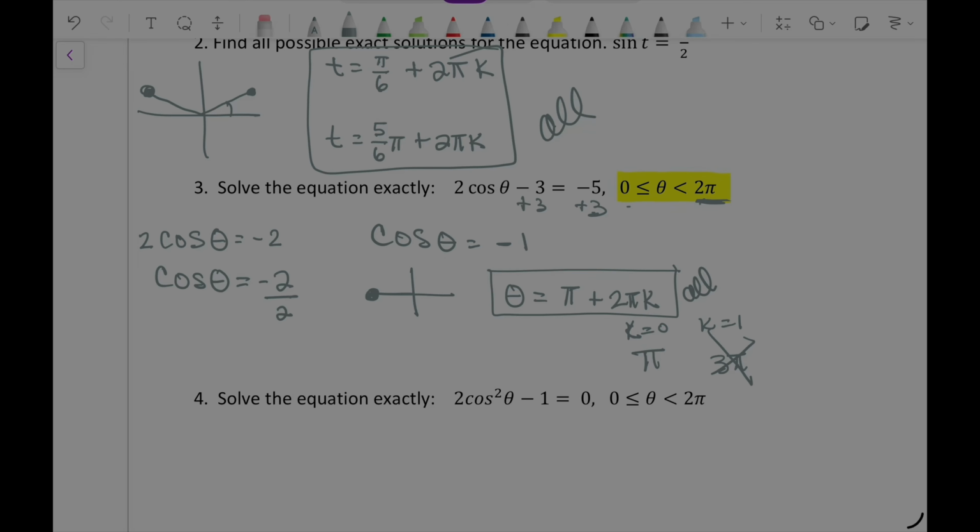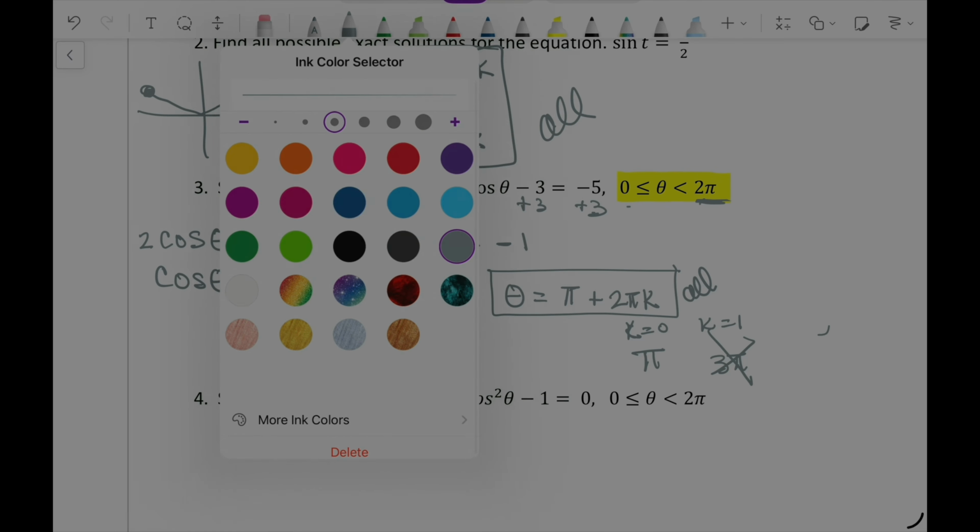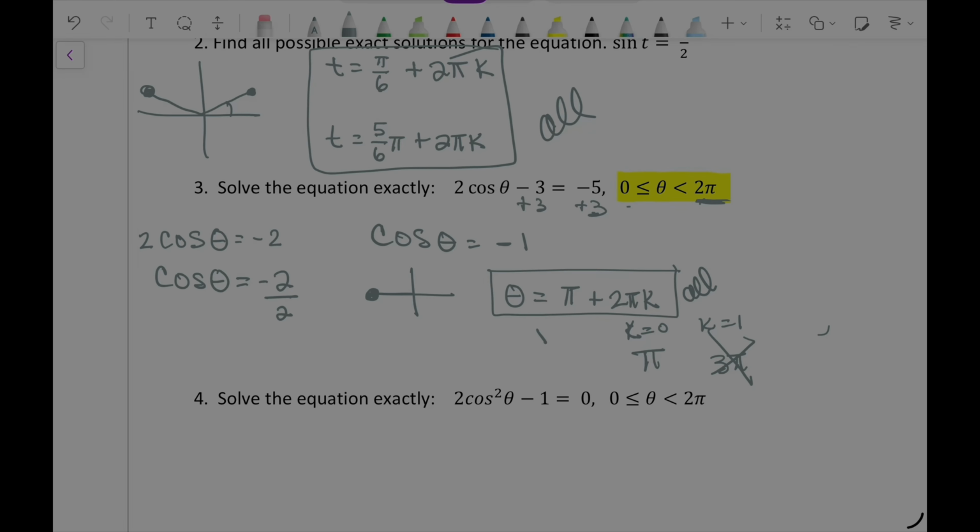We should probably also look in the negative region. When k is -1, and do the math on there, we'll get a negative pi. Well, that's below our region of interest, so we don't want that one either. So the only answer for this problem that they're looking for is just pi, okay?